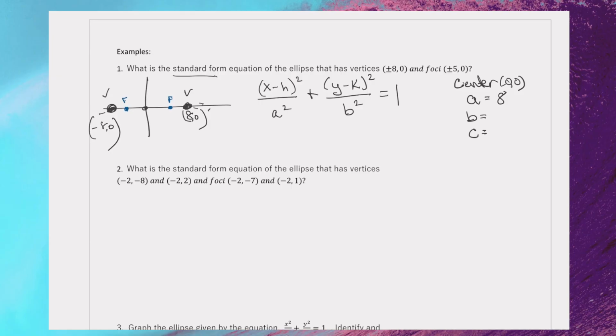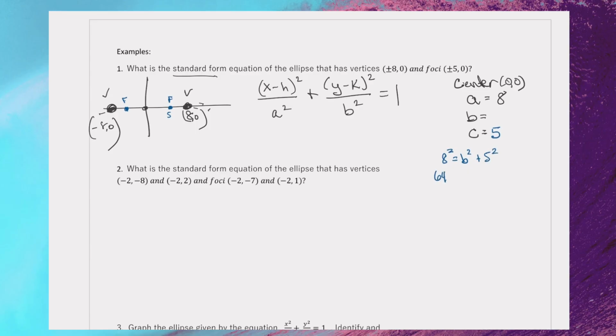All right. Let's work on distance from center to foci. That is 5 units long, right? So that's C. What I don't know is B. If I want the equation, I need to know the B value. Well, I'm going to do some side work and do the Pythagorean theorem, except A is the largest. So 8 squared is equal to B squared plus 5 squared.